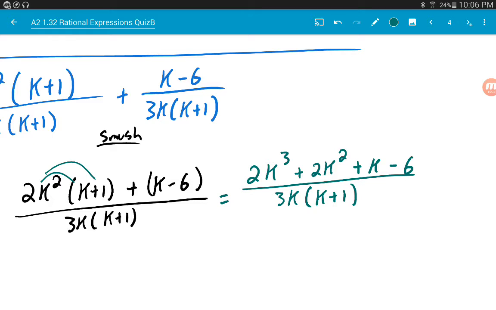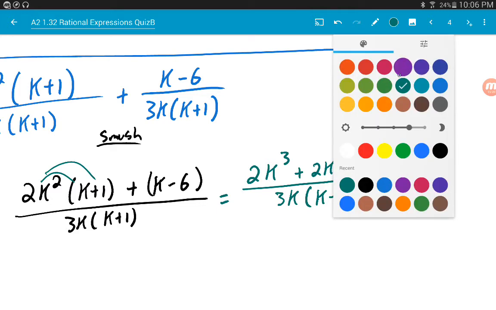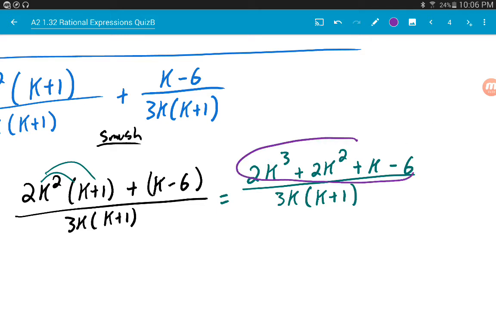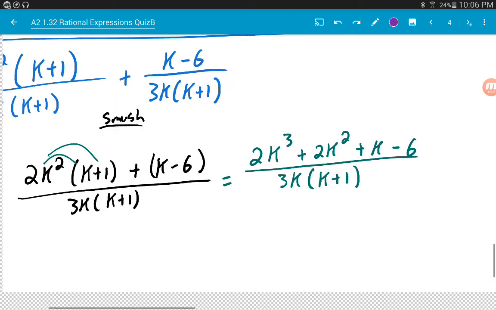The only thing that I can think at this point is maybe the top is grouping. That's what should be going through your head. This might be grouping because it has 4 terms. Let's check.